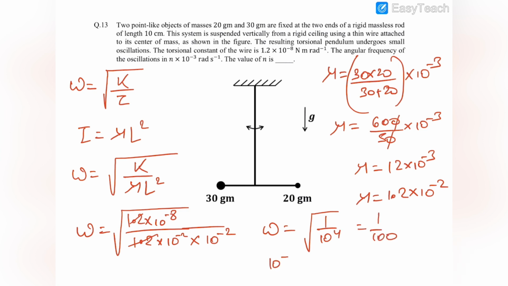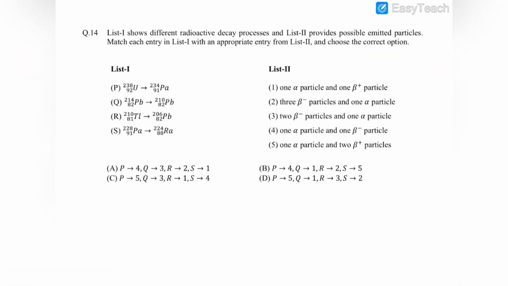So 10 raised to power minus 2 is equal to n into 10 raised to power minus 3. So n is equal to 10. So the correct answer is 10. Now we move on to the next question. In this question, we have to match the correct entry of radioactive decay processes with list 2.